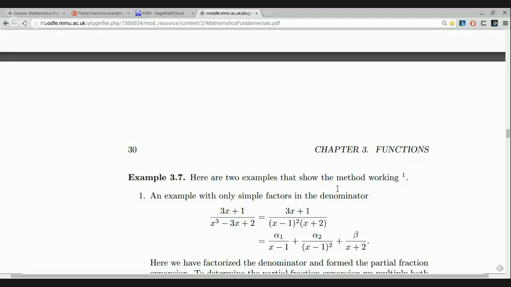Okay, so we can read off from this then the solutions. A will be 5/9, B will be 4/3, and C will be minus 5/9.